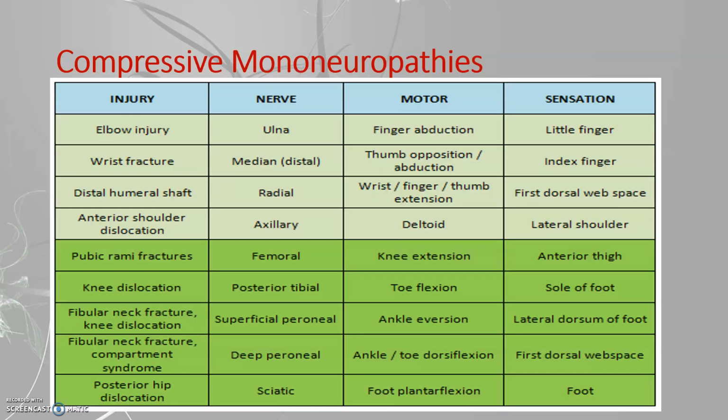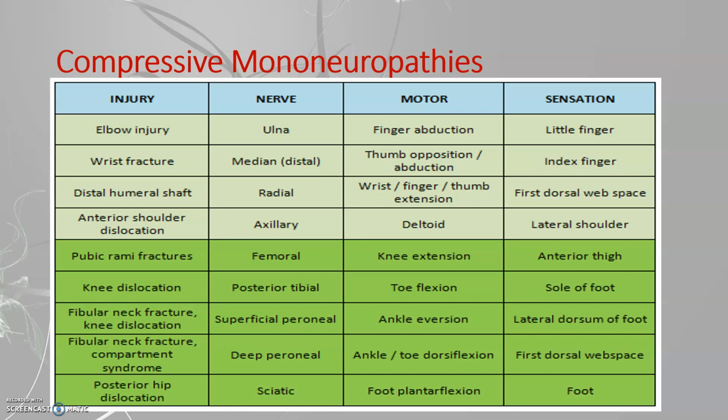Okay, so as you may have guessed, that was a Saturday night palsy, which is compression of the radial nerve in the axilla. You can also get compression of the radial nerve at the elbow, something called Honeymoon Palsy. Compression of the median nerve at the wrist, which is carpal tunnel syndrome, or compression of the superficial peroneal nerve at the level of the neck of the fibula with a tight cast.